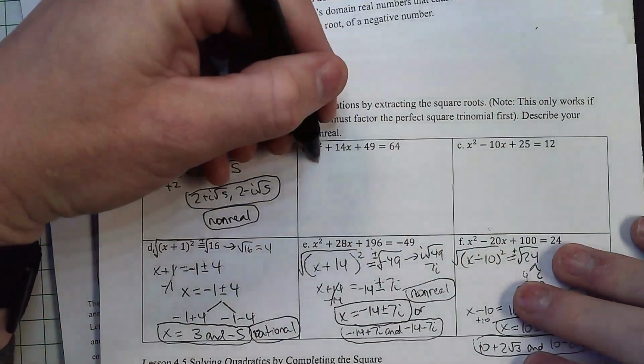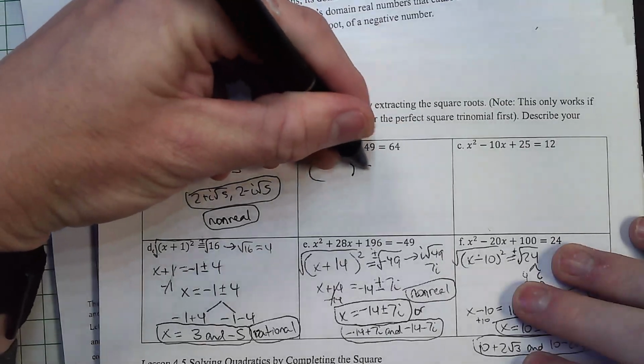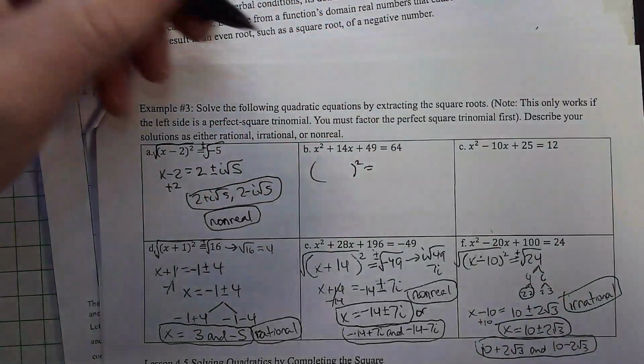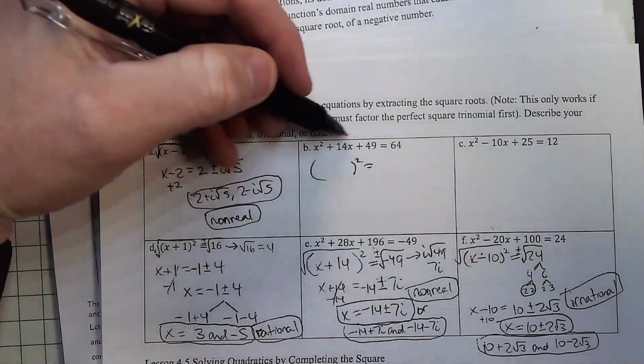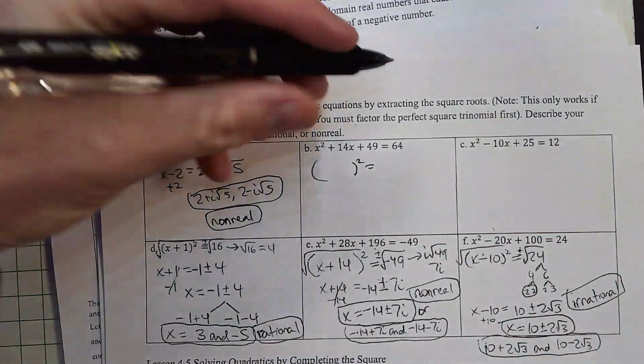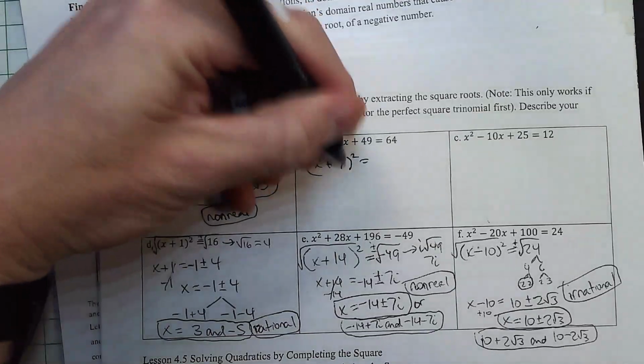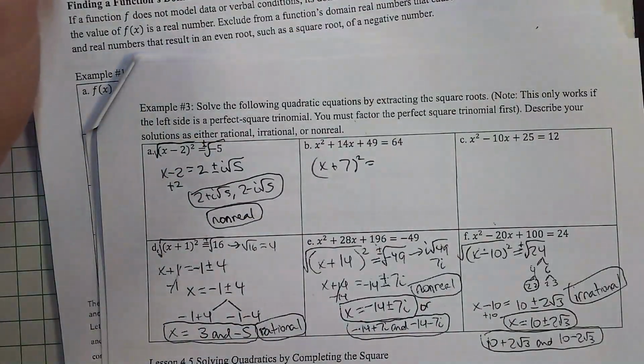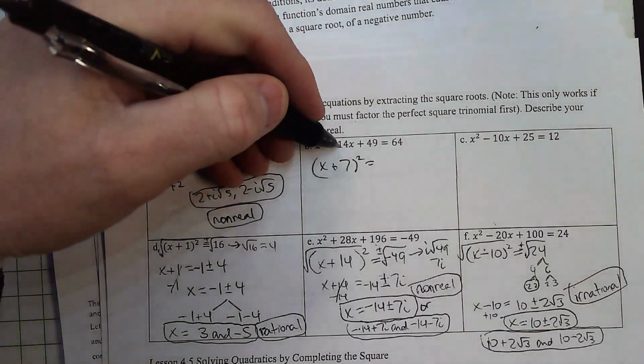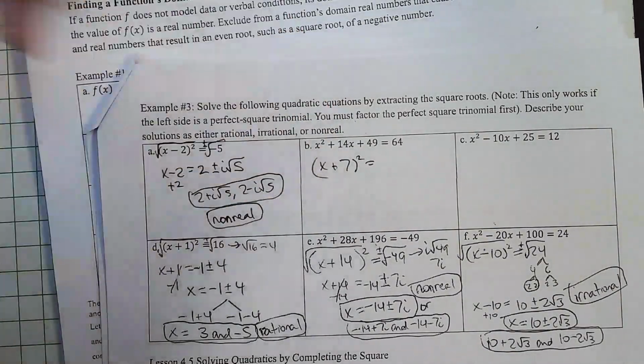Now, this is going to factor to something squared. We need the Hattie. Hattie, we need you now. Hattie, what multiplies to 49 adds to 14? 7 and 7, right? Shout out to Hattie. You could also just put b divided by 2 here. What's 14 divided by 2? 7. Just put that there.